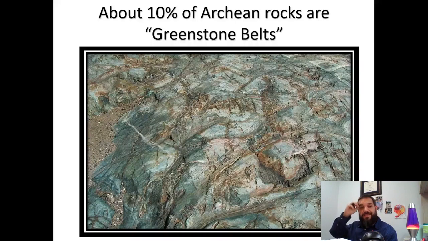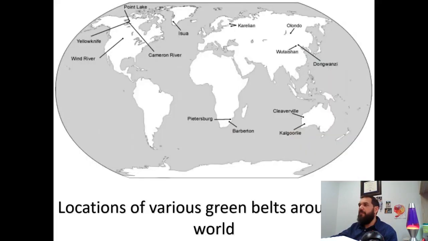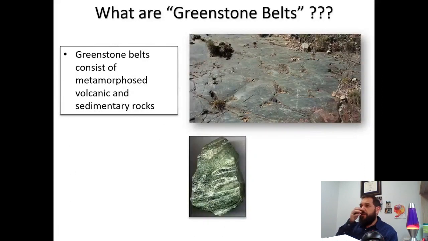Now the other 10%: 90% is granite gneiss complexes, and 10% is this stuff called greenstone. There's a picture of greenstone, looking a little bit tinged bluish green. Like I said, it's only 10%, so there's not much of this stuff around the world. There's some areas where you can see Archean-aged greenstone. Greenstone belts consist of metamorphosed volcanic rocks mixed with marine sedimentary rocks.